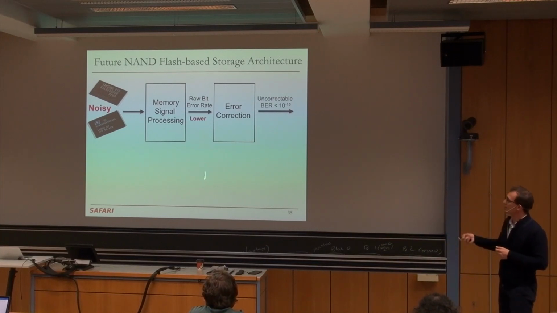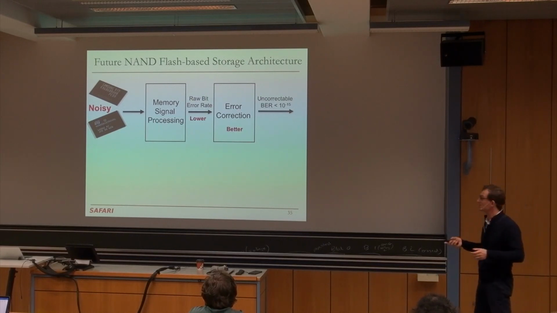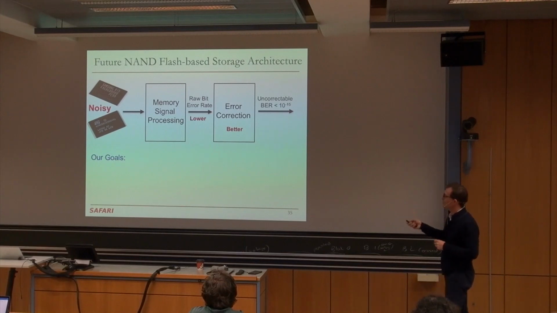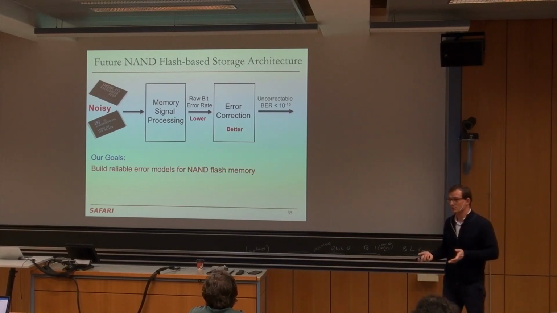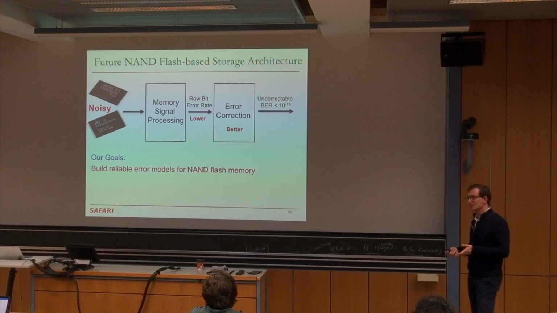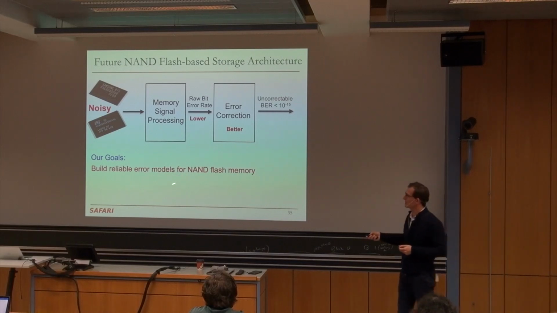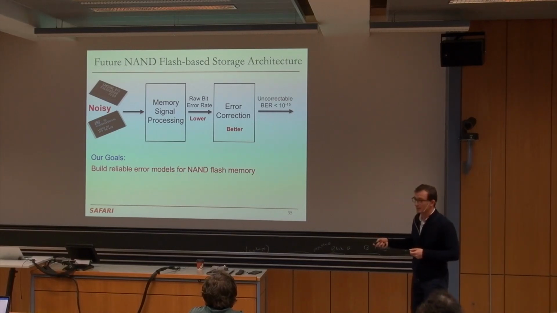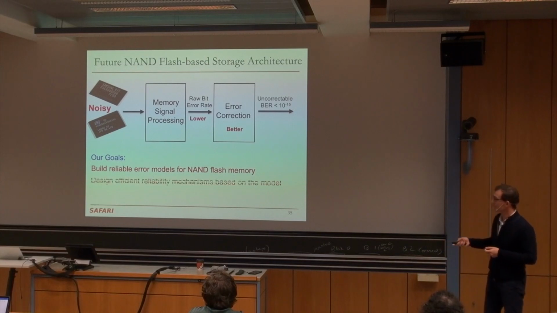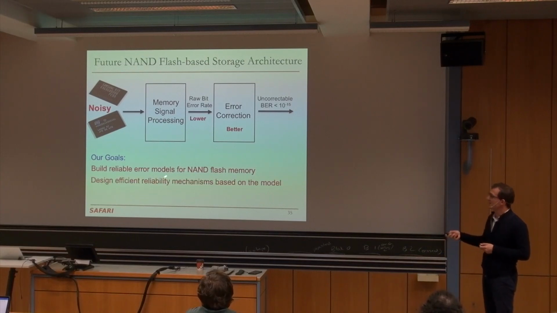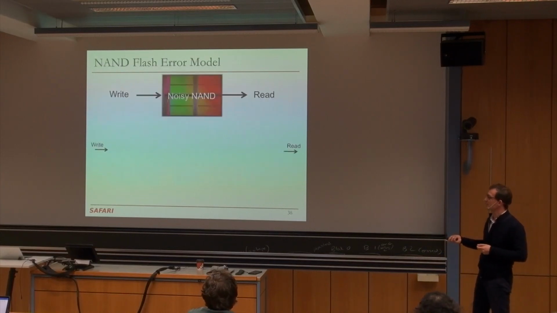Basically, you want to minimize the raw bit error rate that we get out of these devices, and you want to do better, more intelligent error correction such that we satisfy the requirements. So how do you actually do this? First, you need to understand. As I said earlier for DRAM, you want to be able to understand. You want to build reliable error models for NAND flash memory, and you want to design efficient reliability mechanisms based on the models.